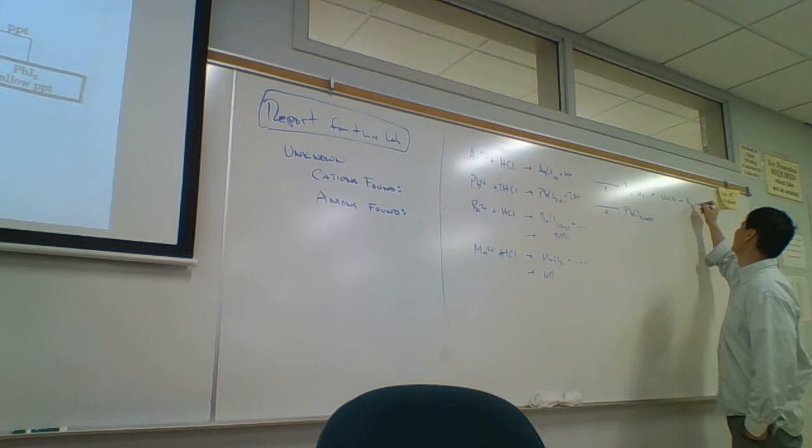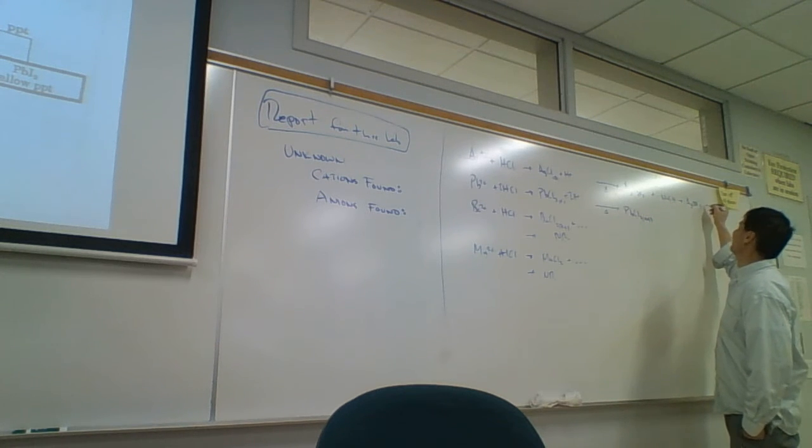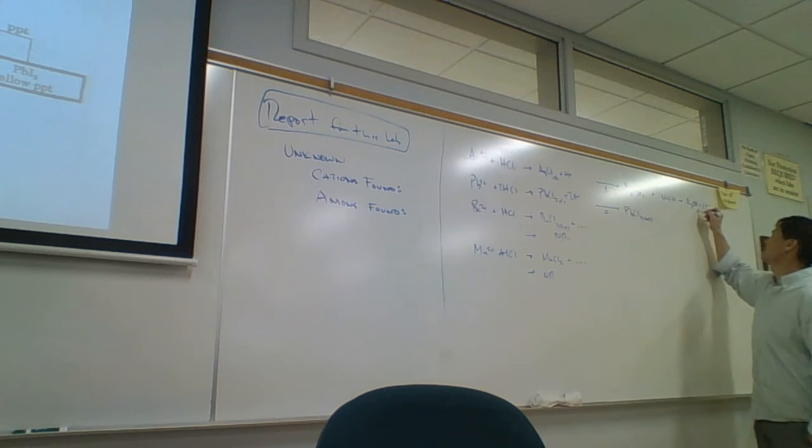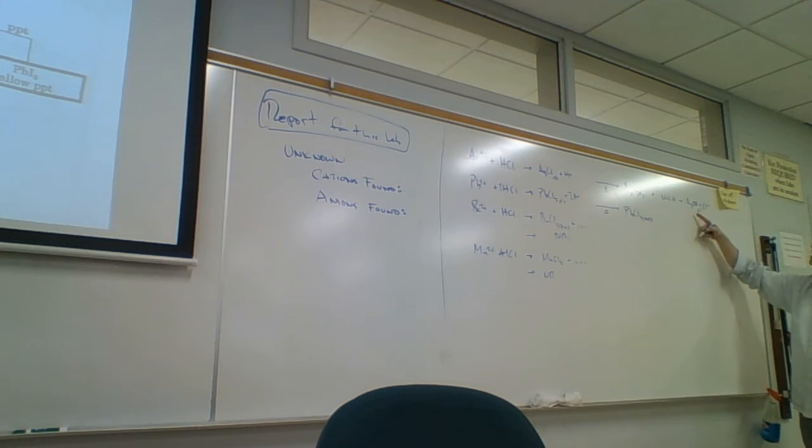This is going to form silver hydroxide plus chloride. Silver hydroxide is solid, but silver hydroxide decomposes. And so what we end up with is this: 2 silver hydroxides decompose into silver oxide, solid, plus H2O liquid. That's what we have.